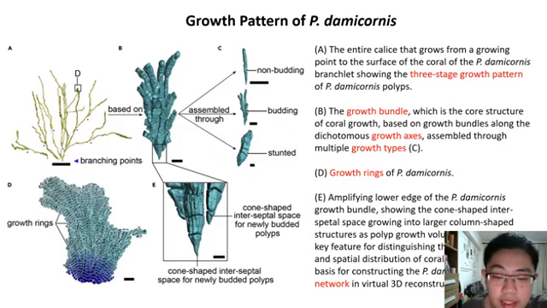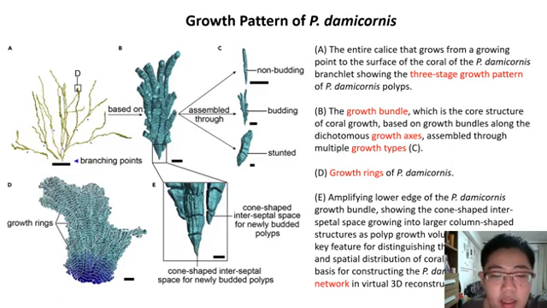To investigate the growth pattern of polyps, we reconstructed the calyces and interceptor spaces chamber by chamber. The growth patterns of Porites can be recognized as generally a three-stage growth structure based on three growth bundles along the dichotomous growth axis and assembled by multiple growth types.